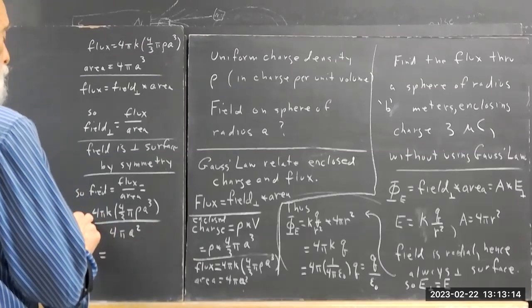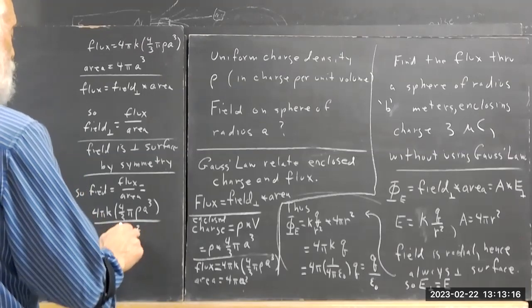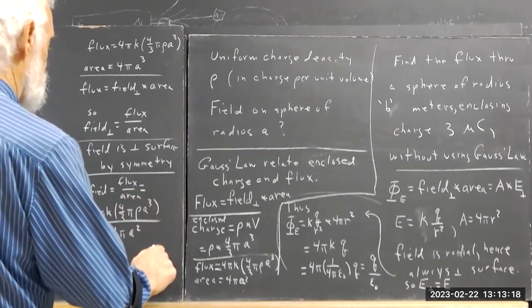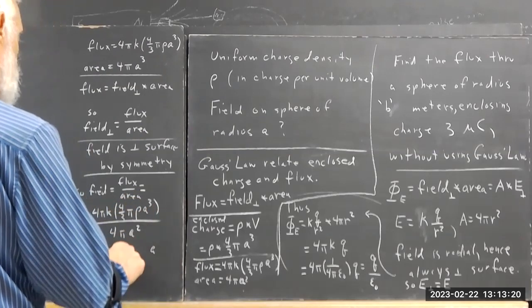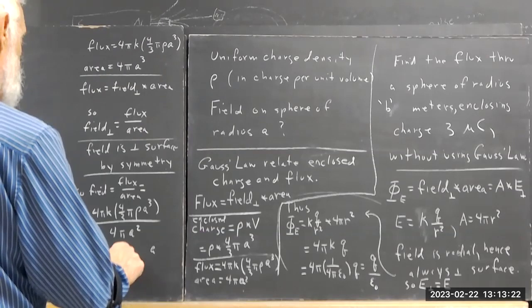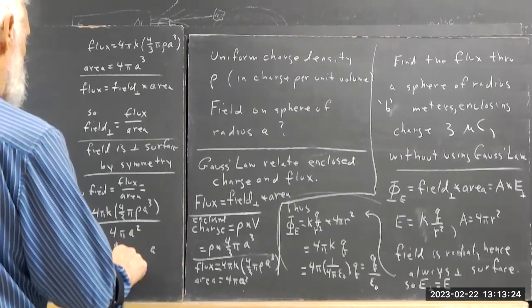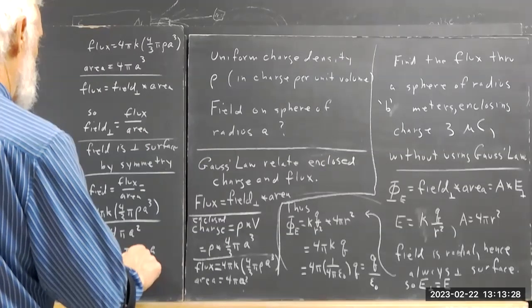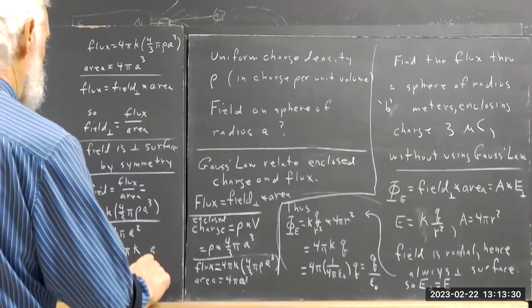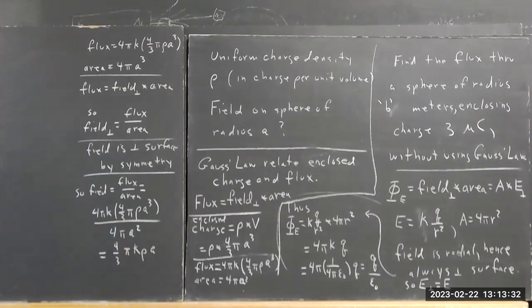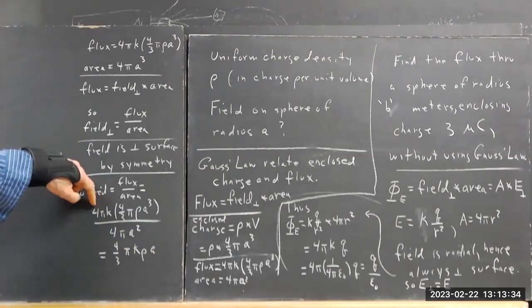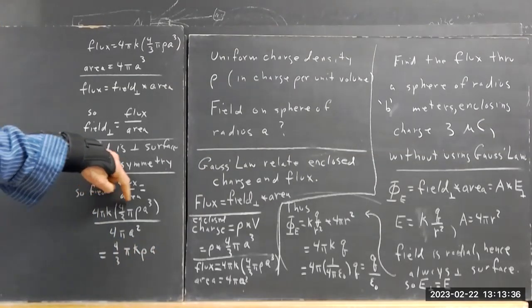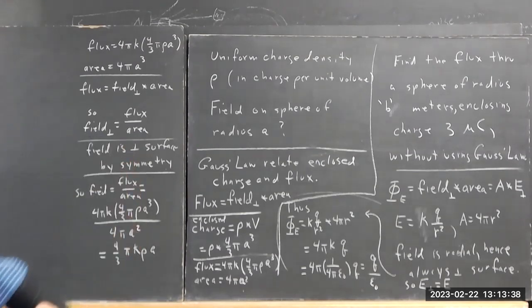This 4 pi will divide that 4 pi. A squared will divide a cubed, so we'll get an a, and then everything else. We're going to have 4/3 pi k rho. Let's divide out.